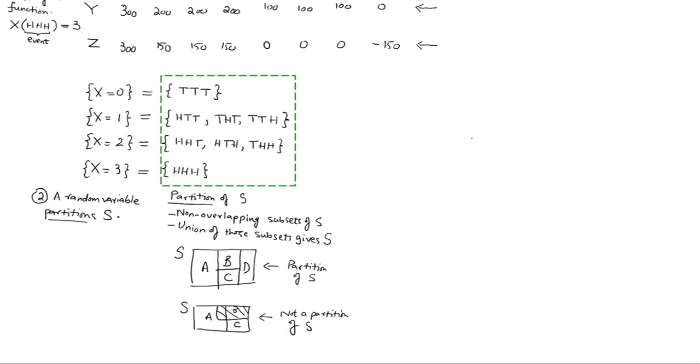Okay, let's keep going. If I tell you that the probability of heads on one coin toss is p, then what is the probability of this outcome, tail, tail, tail?